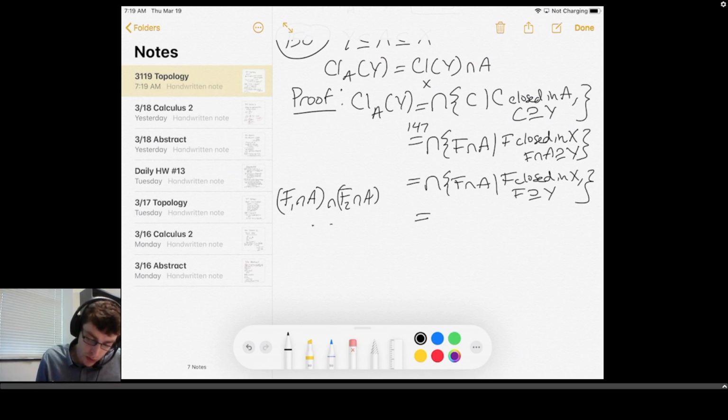So this is equal to, that's kind of an aside, that has nothing to do with this. This is now A intersect, again, these closed sets, but now I've dropped the A there.